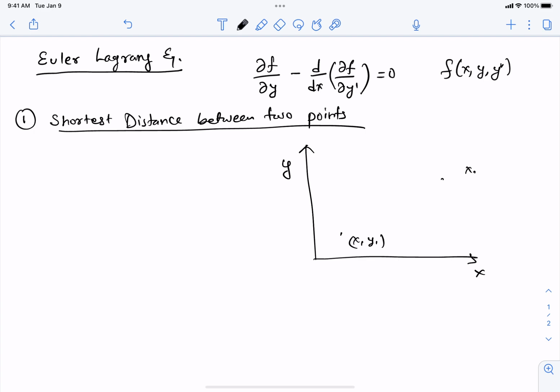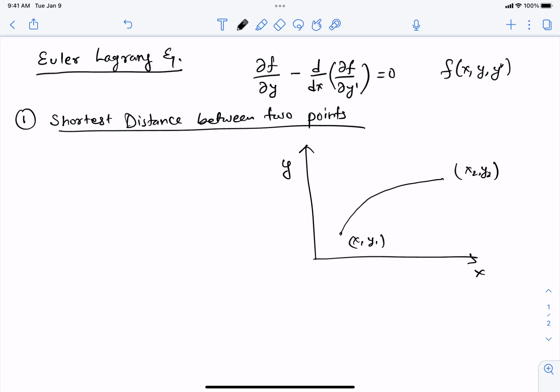The second point is x2, y2. And we are interested in finding out what is the curve that joins these two points such that the length of the curve is minimum. So let's say we want to go from x1, y1 to x2, y2, and we want to traverse the least amount of distance. So we want to find out the path which has the least distance from x1, y1 to x2, y2.